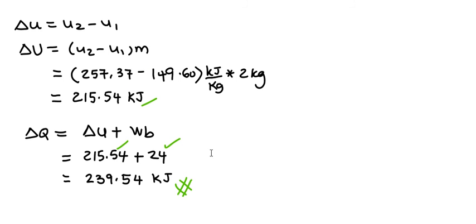Since the problem does not specify Q in and Q out, you can write them as delta Q, the change of heat. What we want to find is the change of heat, delta Q. So delta Q equals delta U plus boundary work, WB.